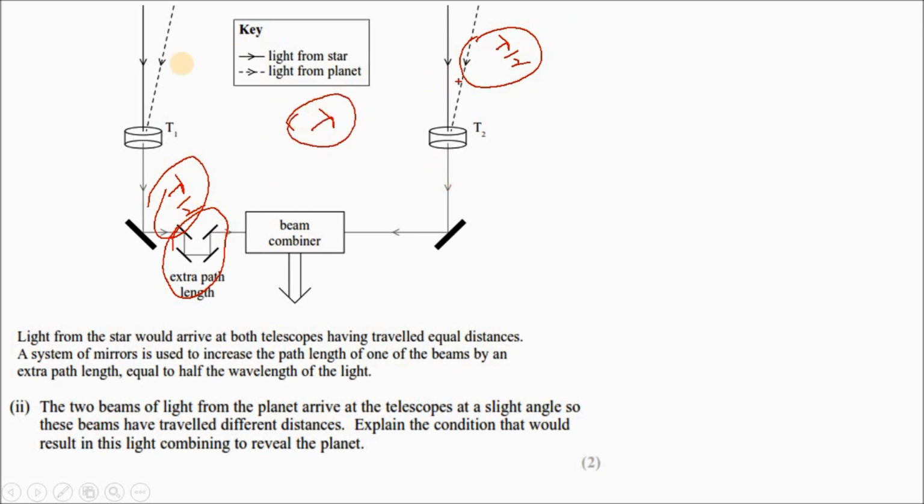That means the light of the planet, when entering and combining in the beam combiner, will produce constructive interference, or maxima. So what is happening? The starlight is producing no light because of destructive interference, and in this certain condition, the planet is producing maxima. So that means we can detect the existence of the planet, because the star cannot be detected because of the destructive interference.